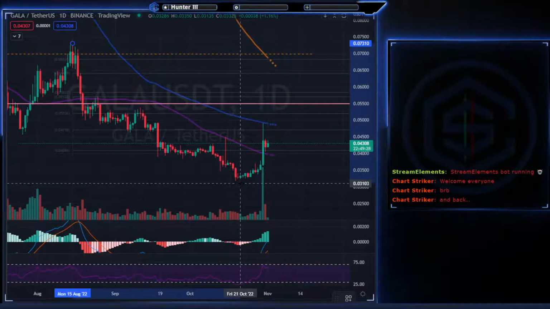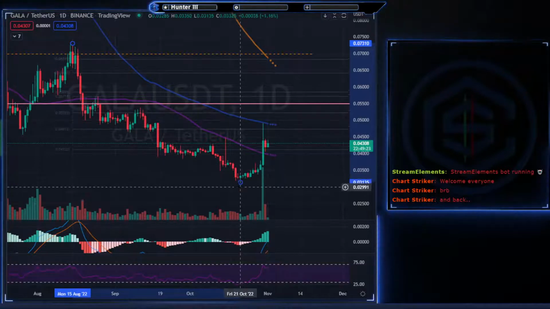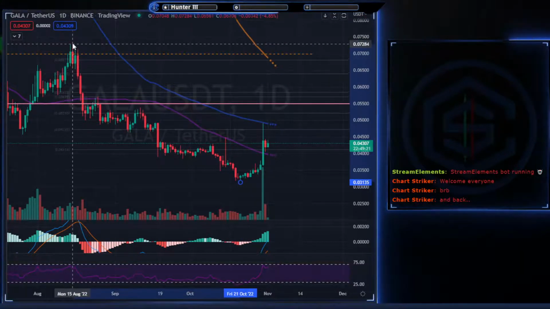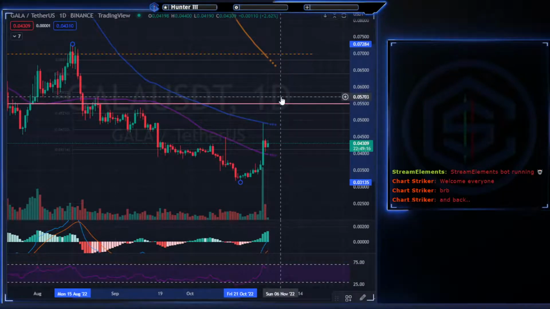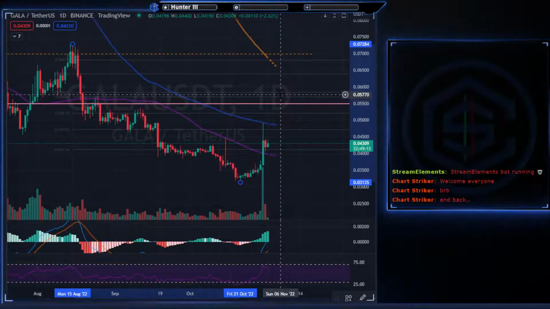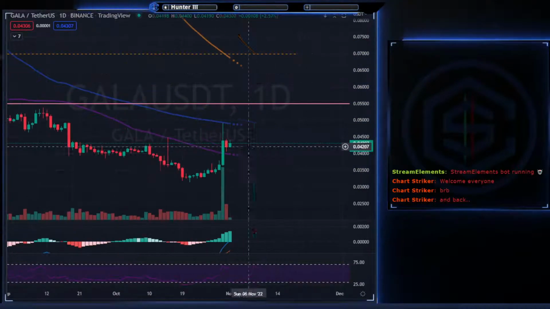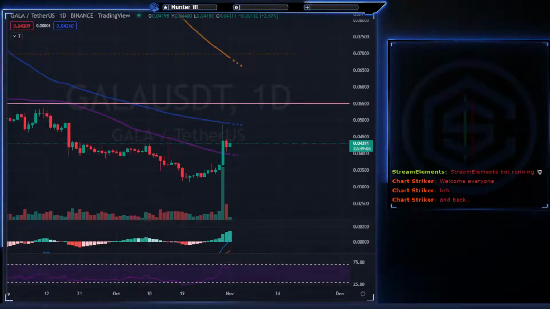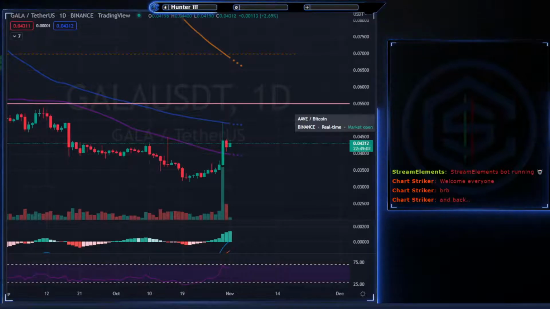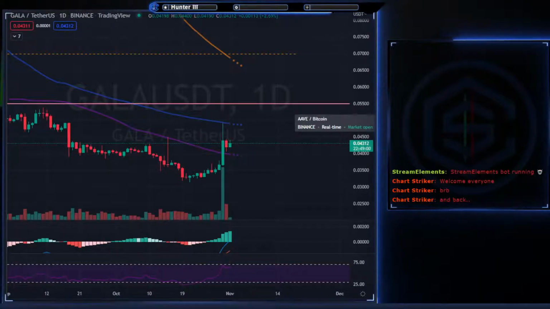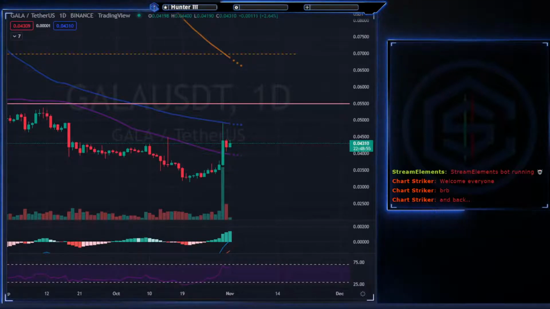So we have the golden fib around 0.056 to 0.0588, something like that, okay? So that's Gala coin. How could I forget talking about this one? I've been watching it on my own, but I forgot to bring it up live.